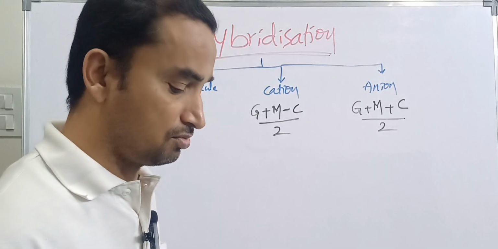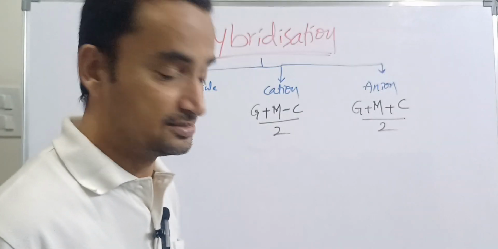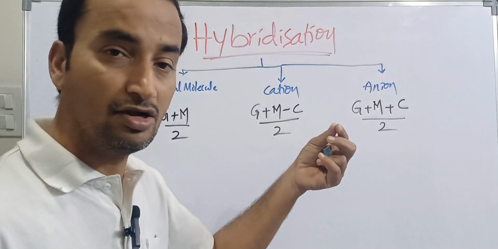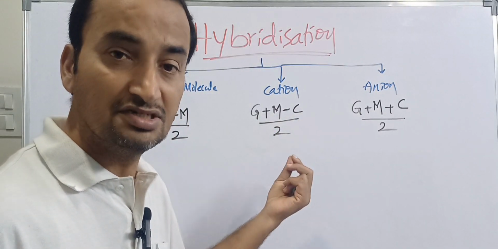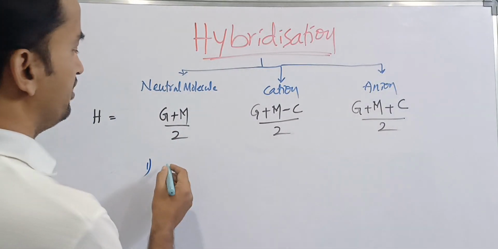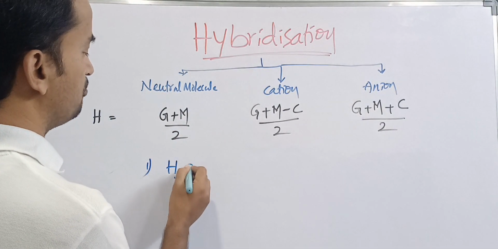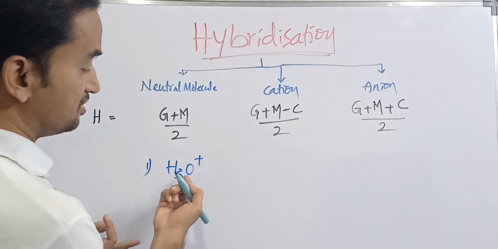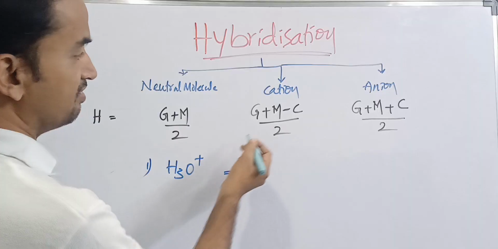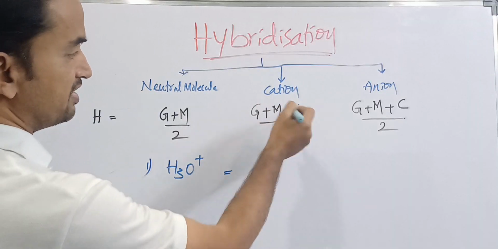Okay. Now in case of cations, the formula is G plus M minus C by 2. So here we are going to subtract the charge. Now we will see, for example, this hydronium H3O+. You don't know the hybridization of oxygen. Since it is a cation, we are going to use the formula G plus M minus C by 2.